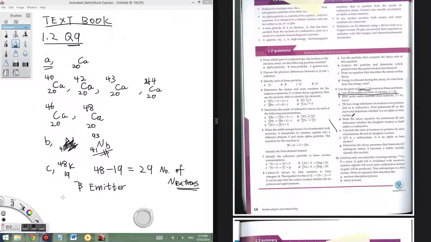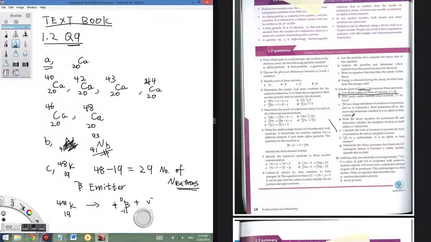It's a beta emitter, so let me do the question here. Potassium 48 emits a beta particle. Just remember the anti-neutrino when writing the beta particle.